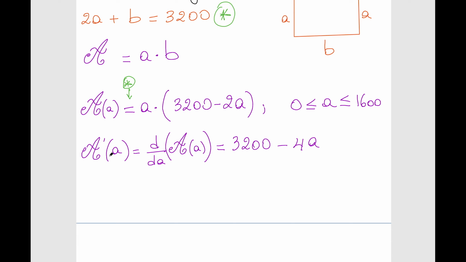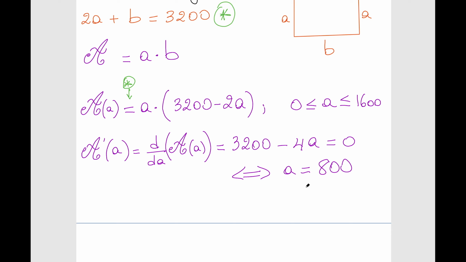So the only critical numbers we're going to pick up for A are those which allow A prime to vanish, correct? So we're going to see where this vanishes, and this vanishes as long as a is what? 3200 divided by 4, which is 800. Makes sense? So A prime is 0 if and only if little a is 800.